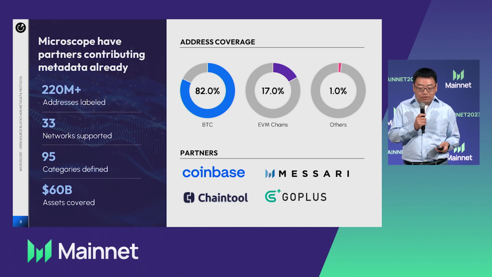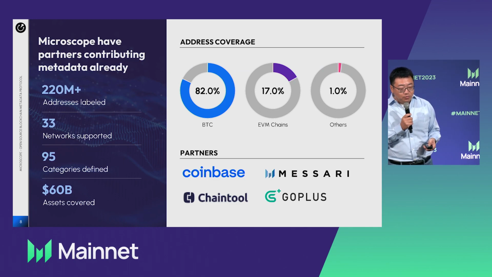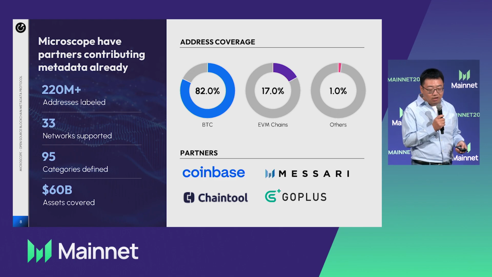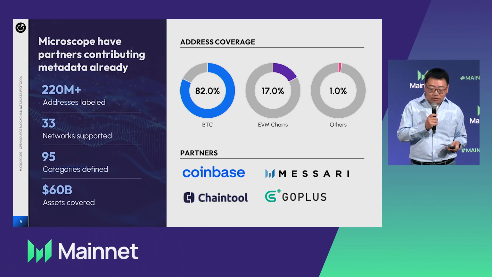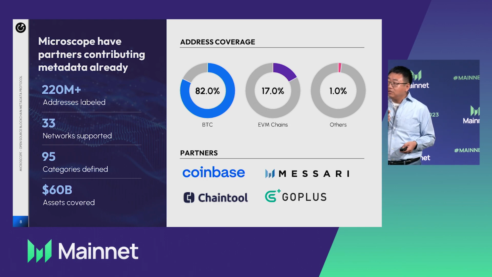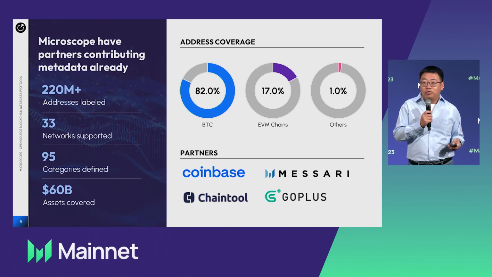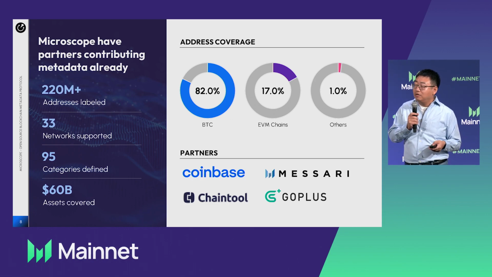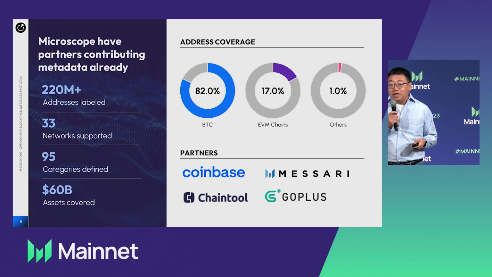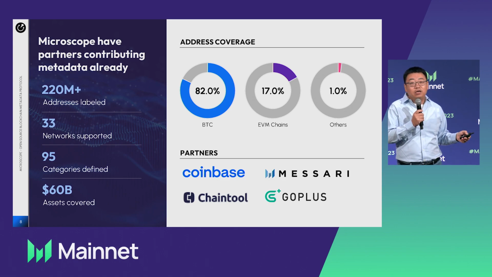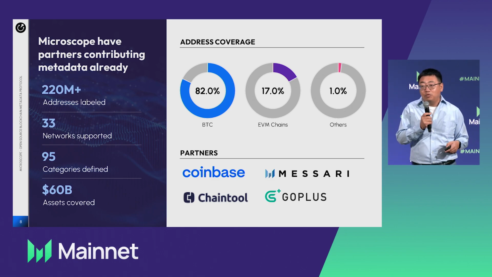So what do we have so far? We have 4 partners: Coinbase, Masari, Qiantu, and Go Plus, together contributing to this project. We have collected more than 220 million labeled addresses. An address here is defined as an address per network.